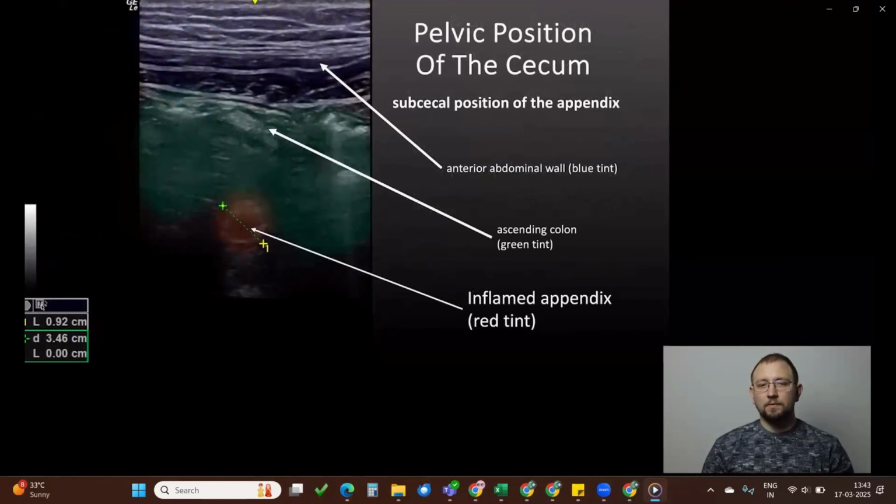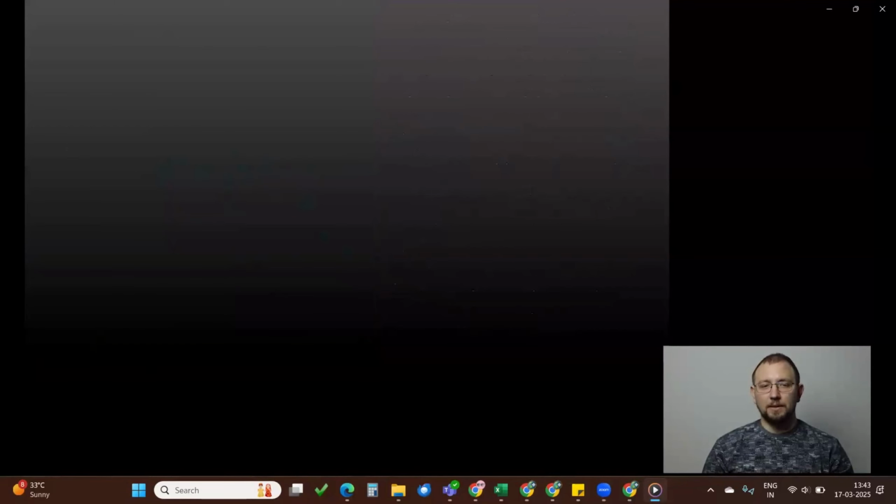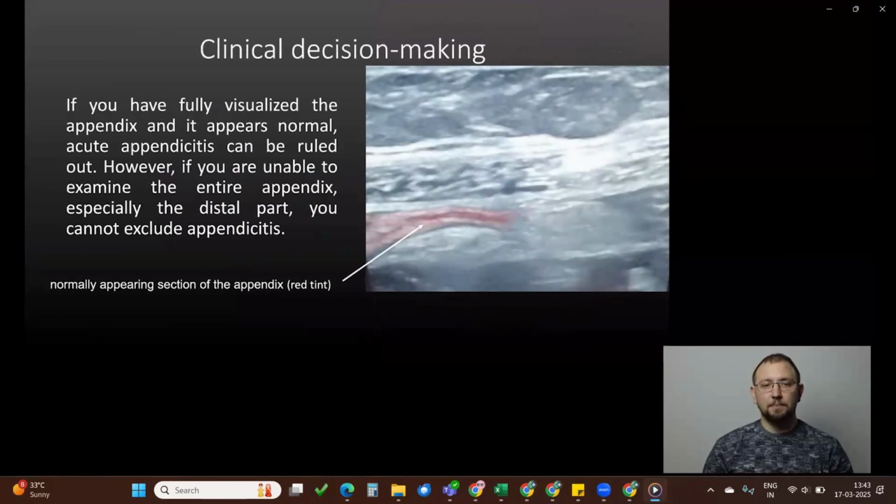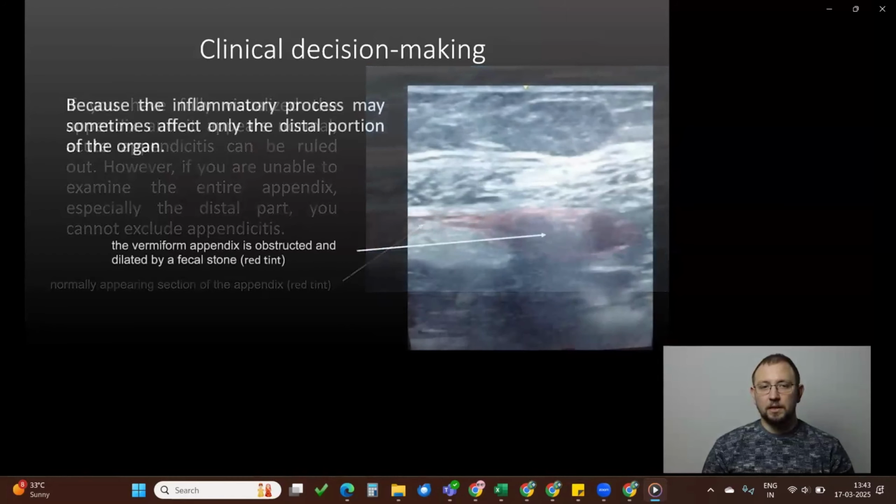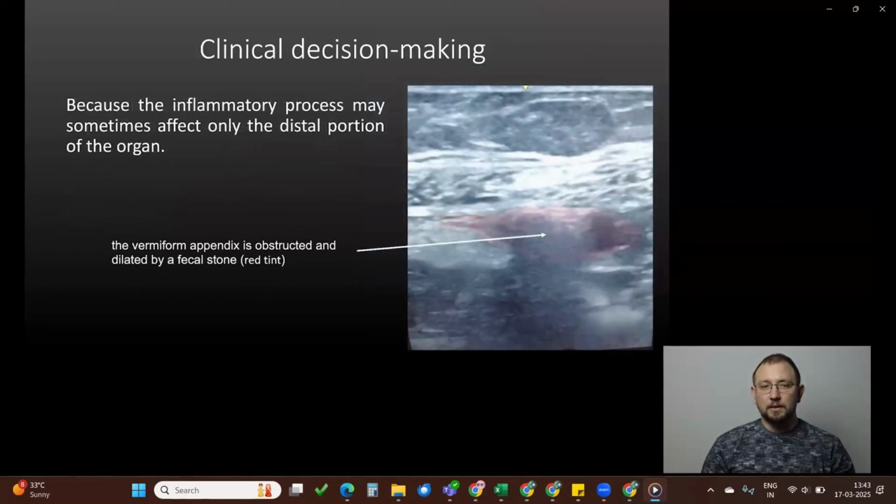If you have fully visualized the appendix and it appears normal, acute appendicitis can be ruled out. However, if you are unable to examine the entire appendix, especially the distal part, you cannot exclude appendicitis, as the inflammatory process may sometimes affect only the distal part of the organ.